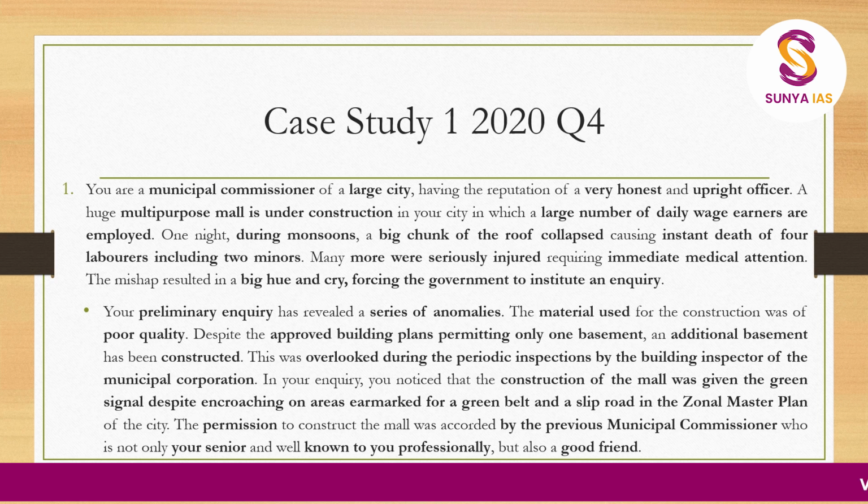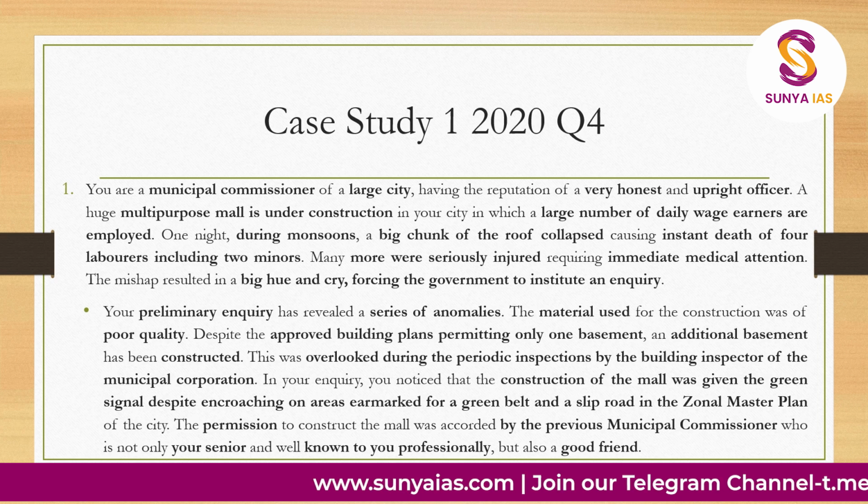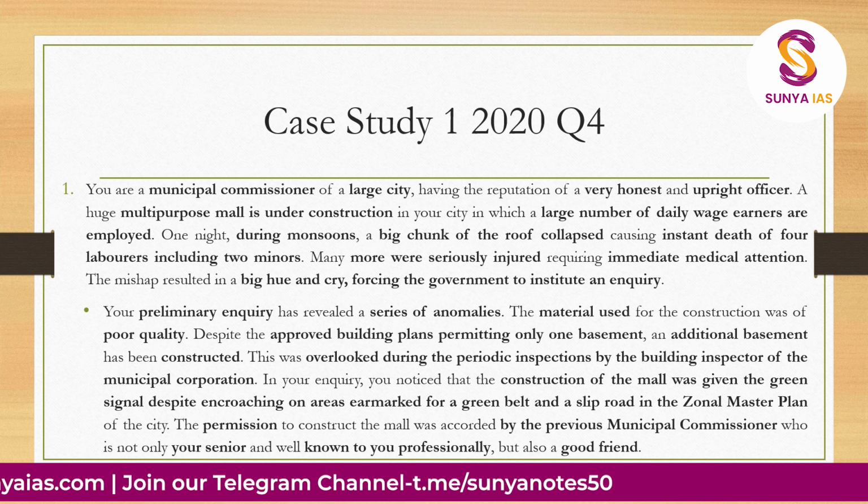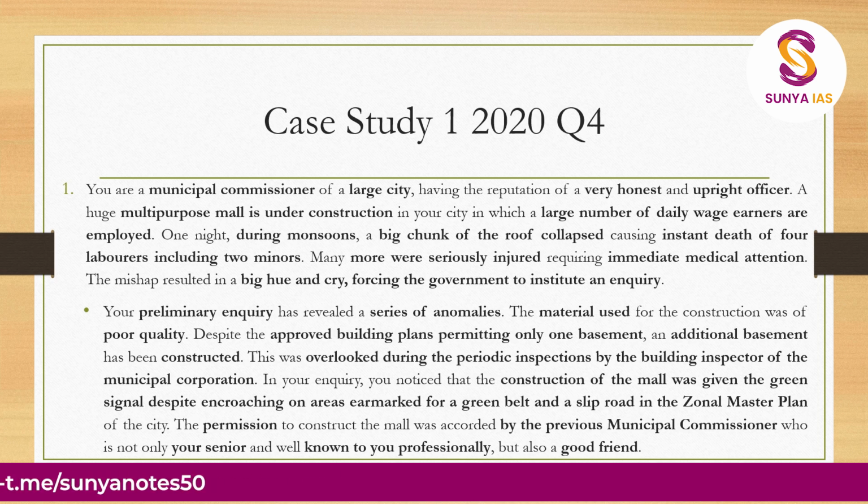So all of this has resulted in a big public furore, and the government has instituted an inquiry into the incident. You have done the preliminary inquiry, and it has revealed a lot of deviations. So material was of poor quality, approved building plans had only one basement, and an additional basement is being constructed, right?